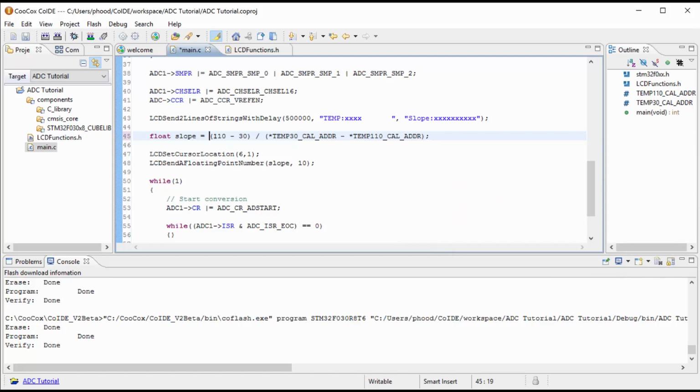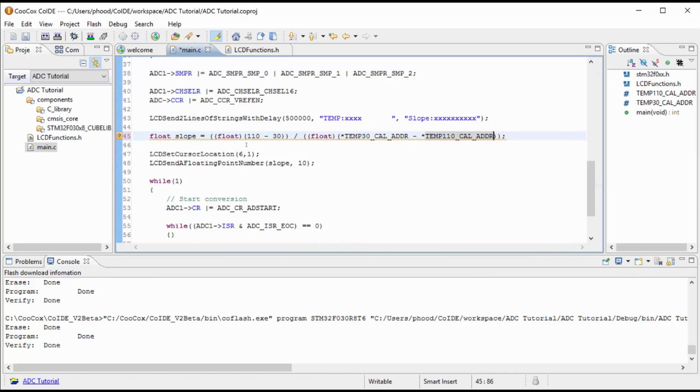And I believe when I'm dividing two numbers, I have to be very explicit with my casts, meaning that I have to declare what this number is going to be, and I have to declare what this number is going to be. And in this case, I'm going to declare them as a float. I guess there's a couple ways I could do this, and I can do this with variables, but let's go ahead and do it this way first.